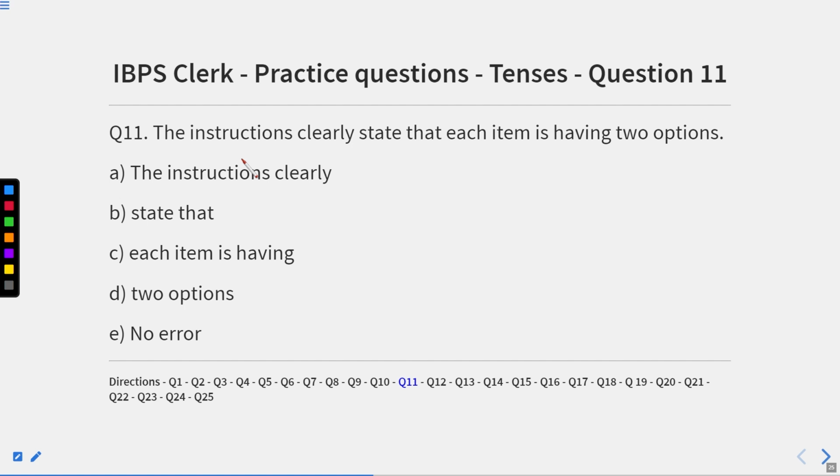The instructions clearly state that each item is having two options. Now it is written is having. When we possess something, when we have something, when we contain something, we write it in present tense, or you can say present indefinite tense, and there have is actually the main verb to show the possession. For example, I can say I have a car.